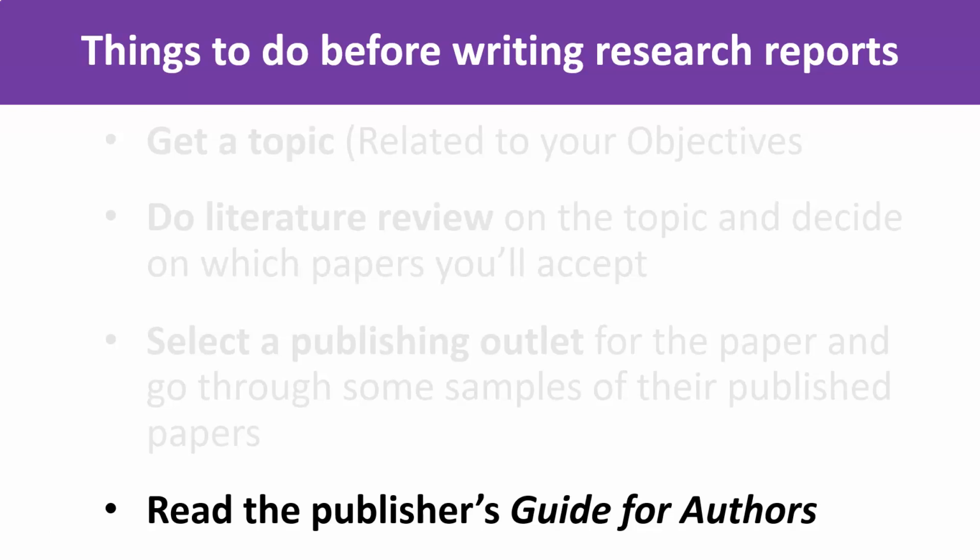Finally, you must read the publisher's guide for authors. Every journal has its own guide for authors. You have to be familiar with that, because in the guide for authors, that's where they will tell you the kind of font size they want, the number of pages, the number of words. That's where they will tell you how your tables should be structured, how your figures should be structured, whether they should be within the text or separated on another page, even the page limitation and so on.